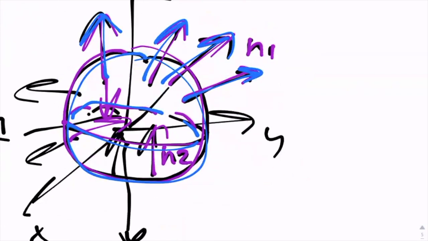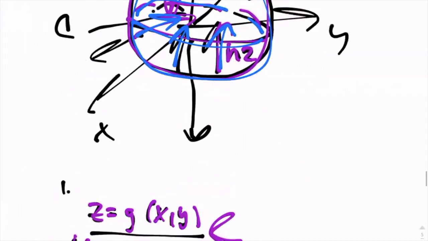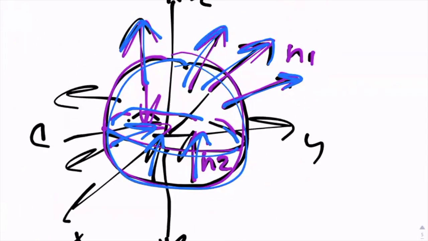Surface S has a negative orientation if the normal vectors point inwards, toward our region E, and those are our n2s. So based on the unit normal vectors for our closed surface, we can define the orientation. Now let's move on to our surface integrals for vector fields, or our vector surface integrals.